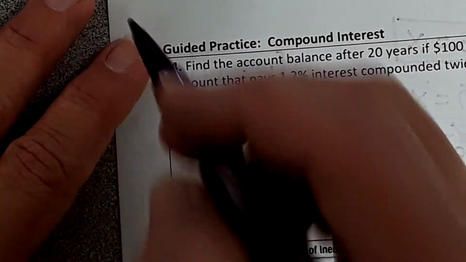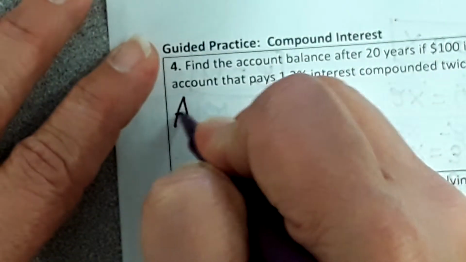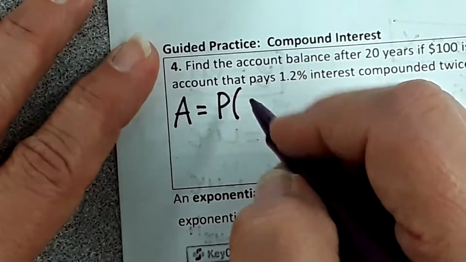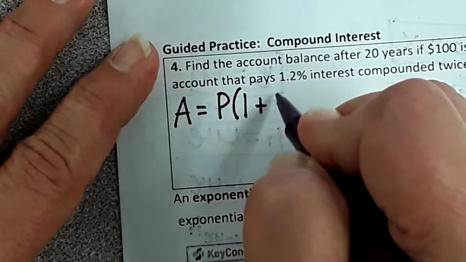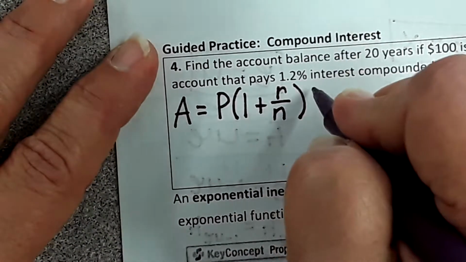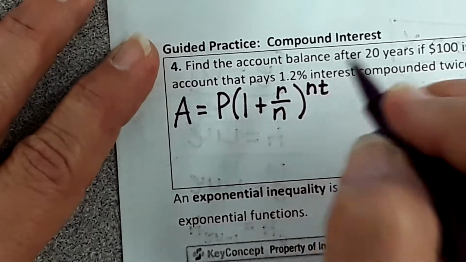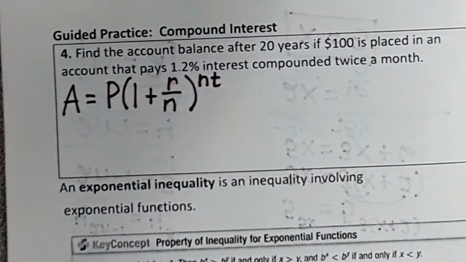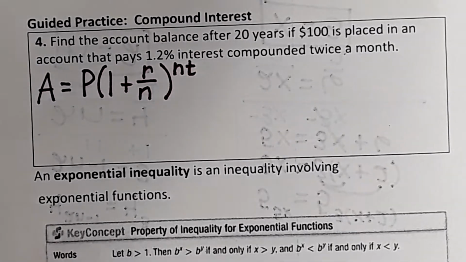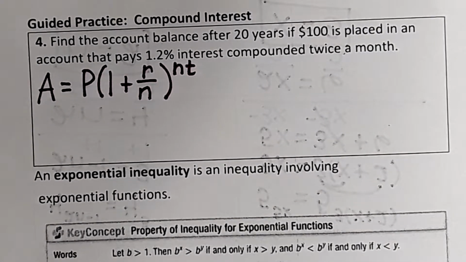Okay, so compound interest, we're going to start. A equals, and we're just going to write the equation. So we're going to write that equation. So we know what we're going to fill in. Here we go.